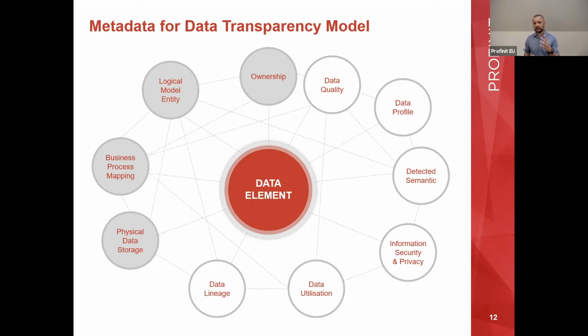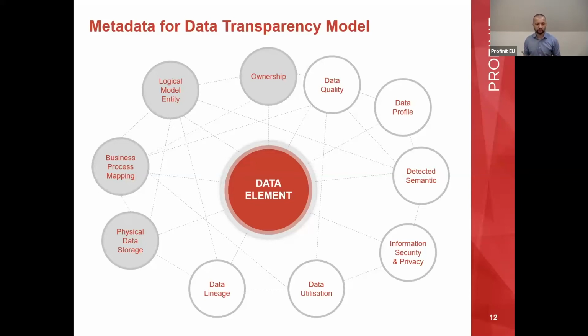Some of these dimensions I've already mentioned, like data quality, for example, or data profiling, which means measuring the contents of the data: how many records, how many distinct values, how many null values can I see in specific columns, and so on. Then there is another dimension, which is data semantics.